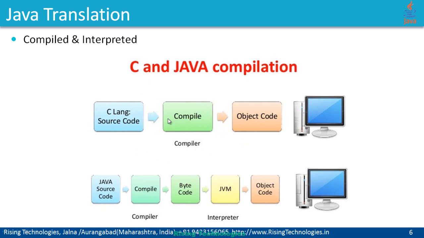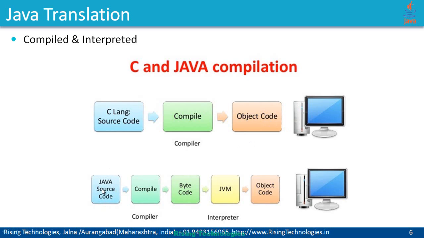Just like you can see, this is the translation system of the C programming language. You are supposed to write your C source code, and the C compiler is going to compile your program, and it will directly generate object code, and this code will be directly understood by the underlying hardware. But it is not the case in Java.